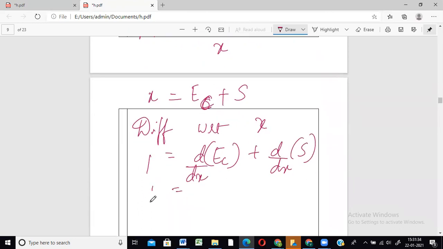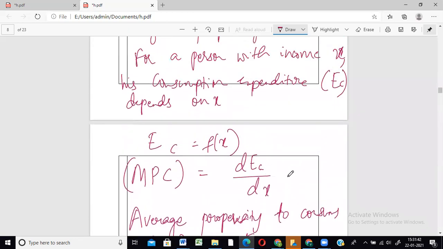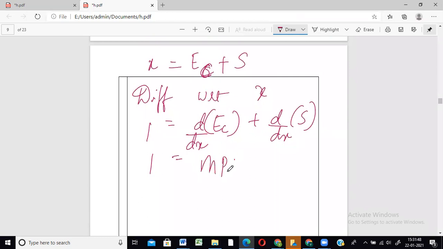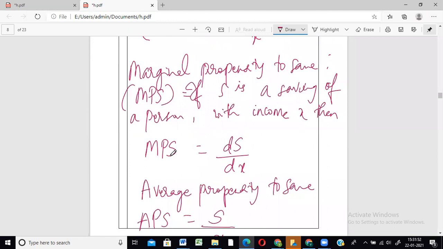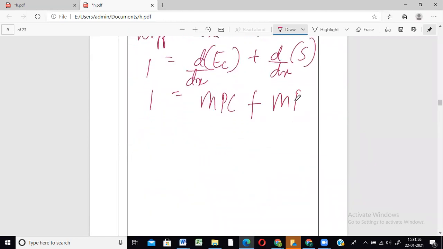Derivating expenditure with respect to x is nothing but, as we have already done, marginal propensity to consume, MPC. And derivating savings with respect to x is nothing but marginal propensity to save, so that will be MPS.